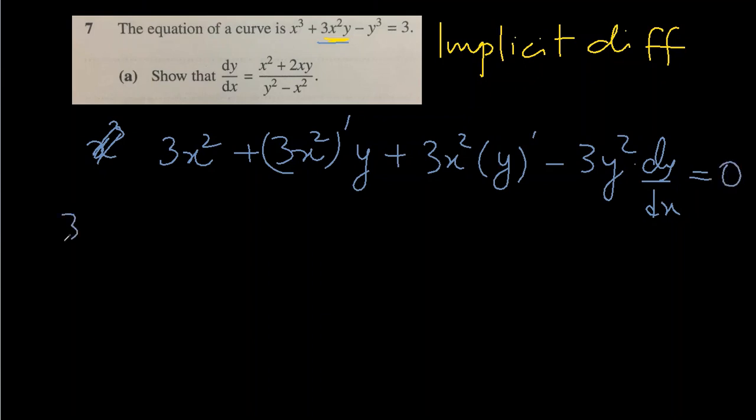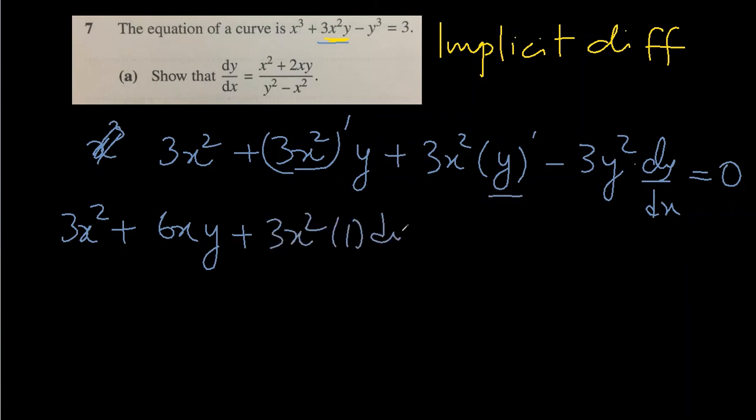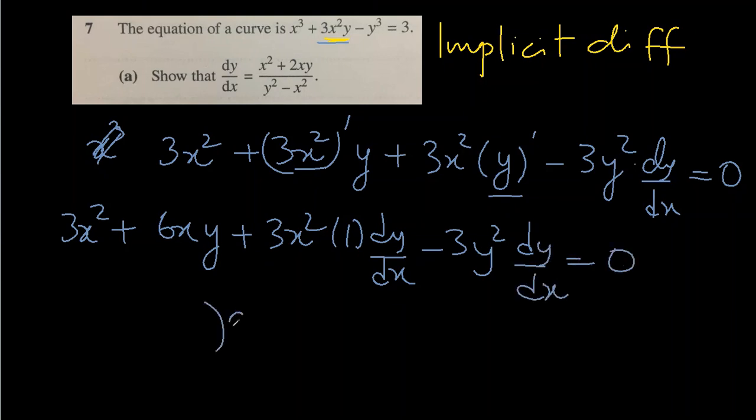Okay, so 3x squared plus differentiation of 3x squared is 6x, y plus 3x squared differentiation of y will be just 1, but since it is y, we add dy over dx, minus 3y squared dy over dx equal to 0. So we'll keep dy over dx on the left side itself.